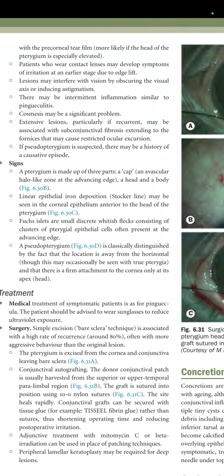That is why we remove the pterygium before any kind of cataract surgery, because if the pterygium is inducing astigmatism in the cornea, then even if you remove the cataract, the patient cannot get the correction done fully. So we have to remove the pterygium in this case as well. It is one of the indications for removing a pterygium.